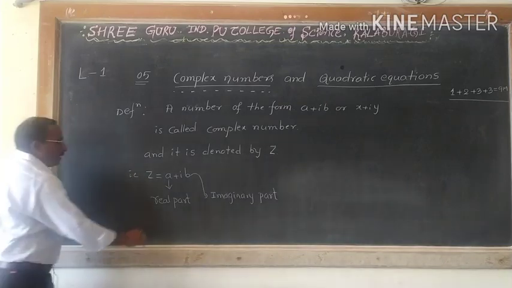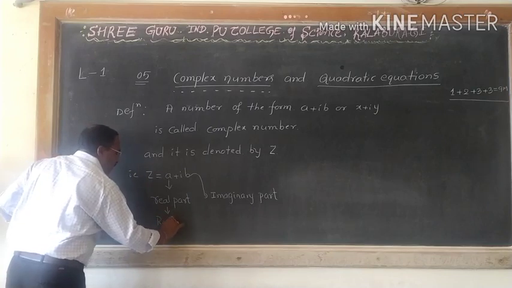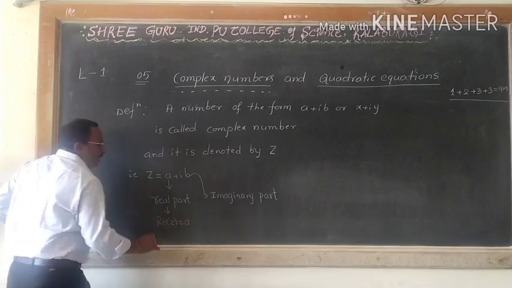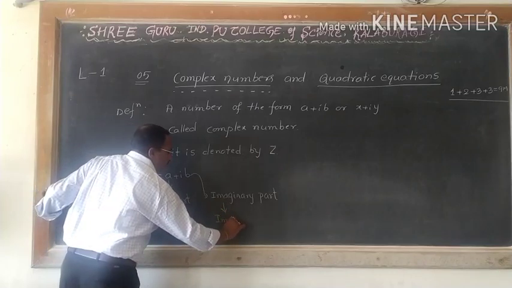Here the real part is denoted by Re of z, the imaginary part is denoted by Im of z.